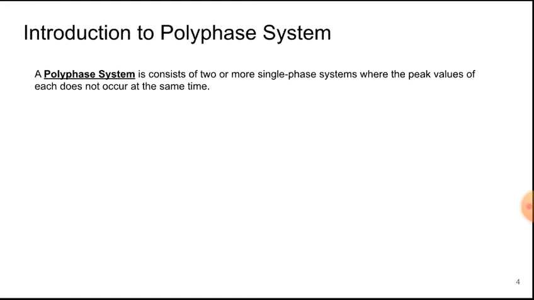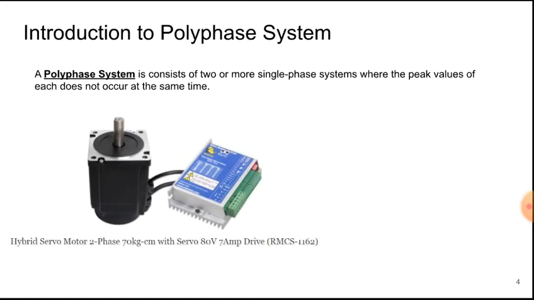So why do we need polyphase systems? Because some loads are polyphase. For example, this is a two-phase hybrid servo motor. This is used mostly for robotics applications. It can also be used in some EVs and so on.